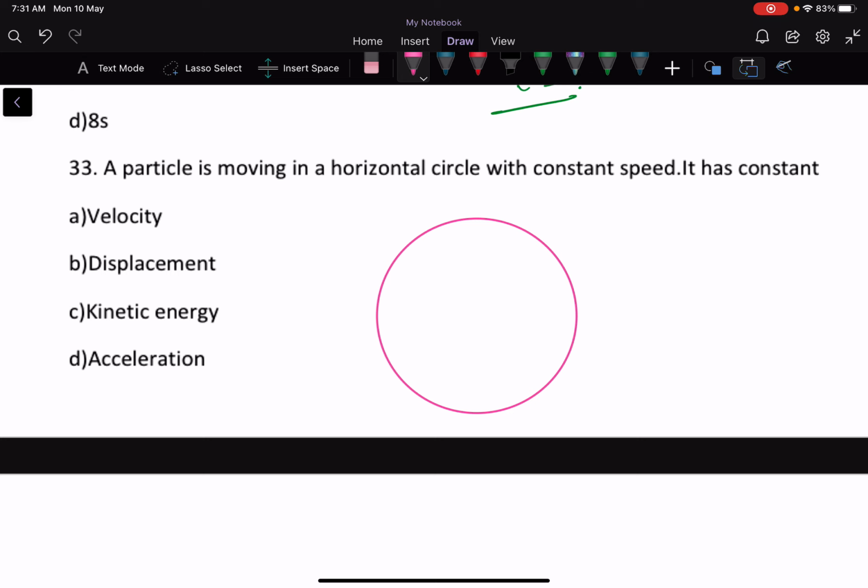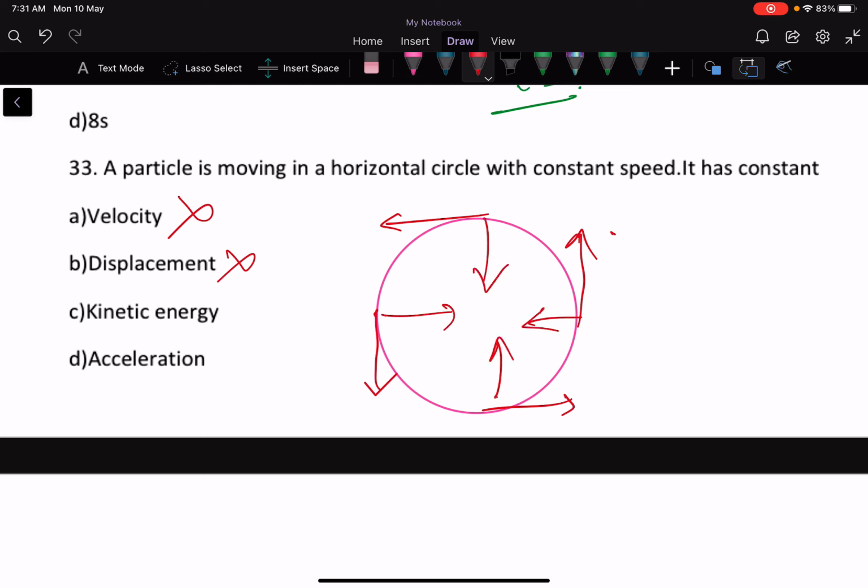Direction is changing at every time, so velocity is not constant. As well, displacement is also not constant. Direction is different. Acceleration is also changing at each and every point, so acceleration is not constant.